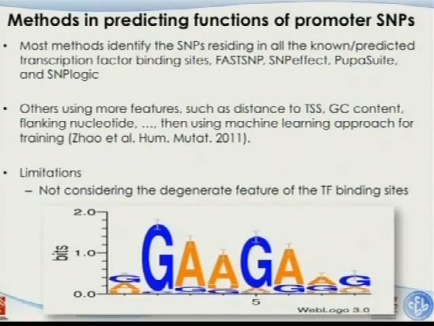Okay? And the limitation of all these approaches is that they are not really considering the degeneracy information for the transcription factor binding sites. So consider this is a transcription factor binding site. Have you ever seen this type of logo? Most of you did? Okay.